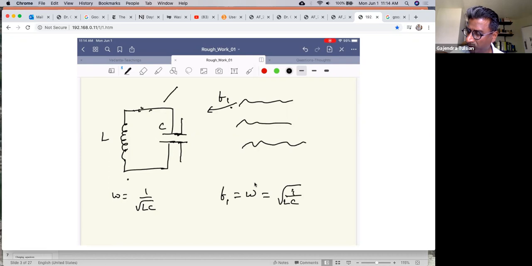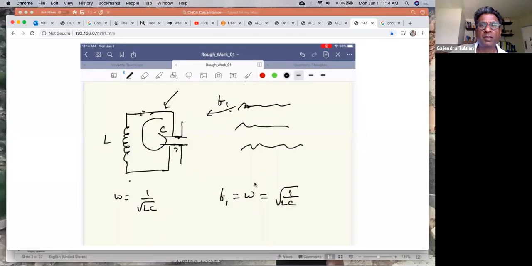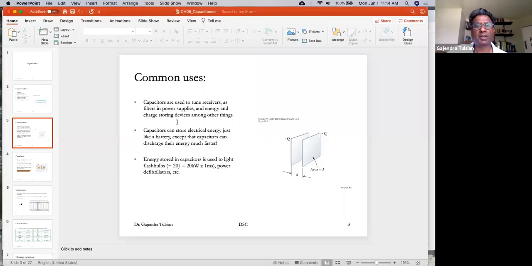This is your tuning circuit. That's how your tuning circuit picks up this signal. So a capacitor is used in a tuning circuit. It is used to tune receivers.